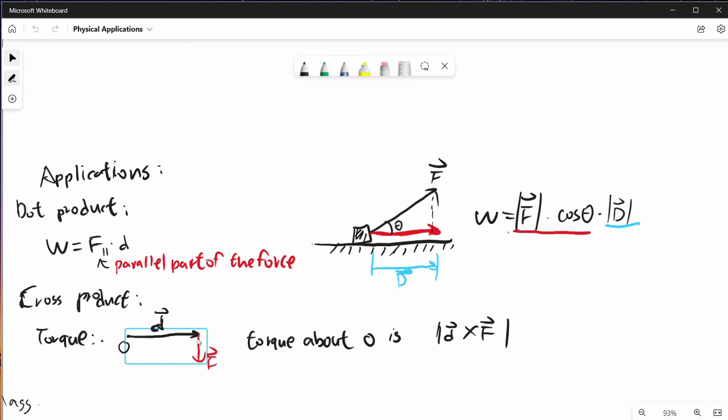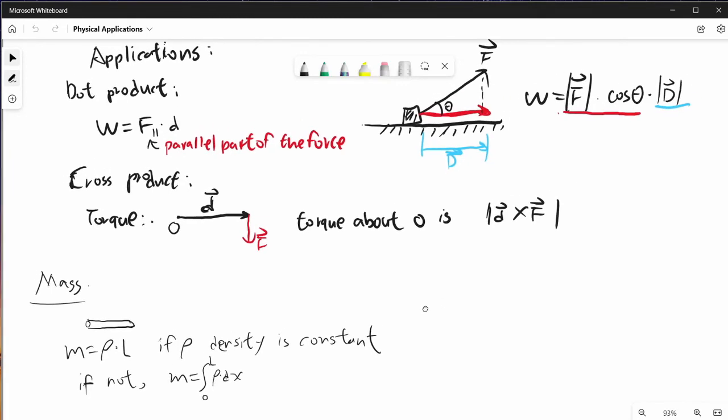Usually you would generally think about it as being sine, but it's essentially a cross product at work. And you want to make sure you cross distance, cross the force, because direction matters in the cross product. And this is point O, as in here.